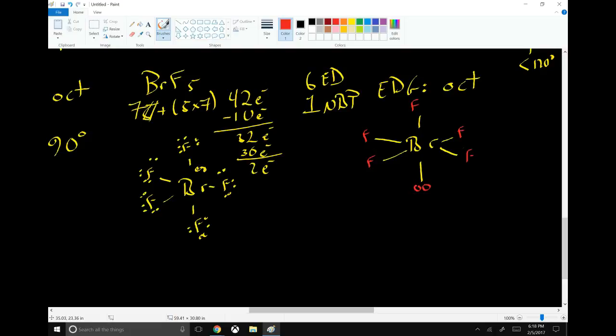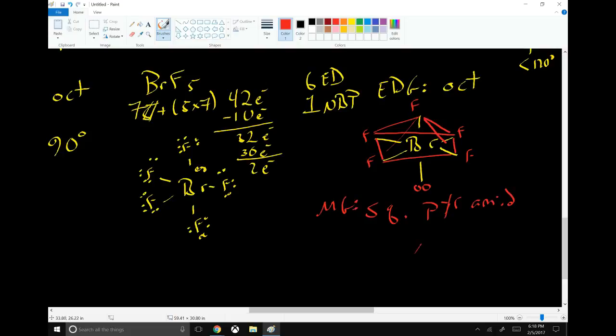Okay, so when you connect these 5 fluorines together, there's the square on the bottom, then this one up top connects, you're left with a square pyramid. Okay, we finally have our classical Egyptian pyramid for the molecular geometry.